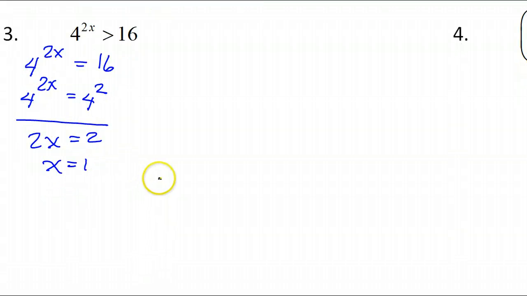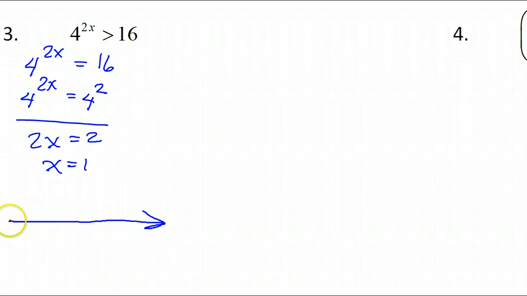Now this is not the solution, but this is a key value. So what I can do is go ahead and make my number line. Okay, and there is 1 right on my number line. Now looking back at the original problem, it's not equal to, it's greater than.